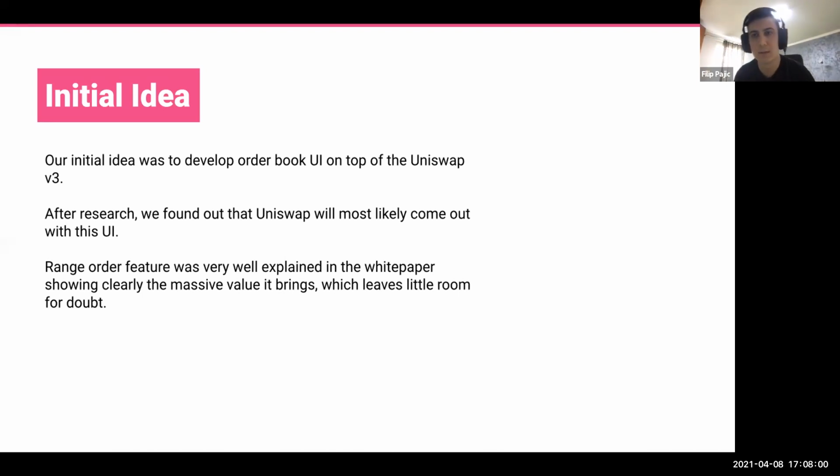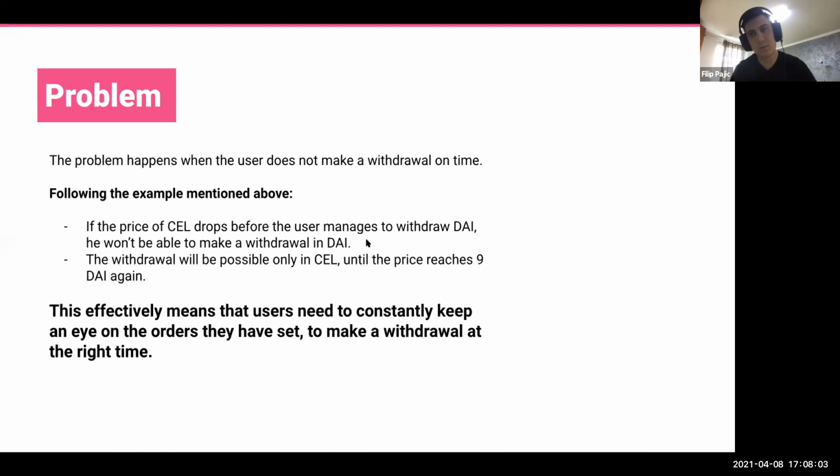So Milos, could you please, next slide. So what's the actual problem with the range order feature that they introduced? Looking back at the example Ratko gave us, let's say we create a range order to sell CEL when it reaches the price of 9 DAI, and we miss that point in time, and CEL falls back down to 7 DAI.